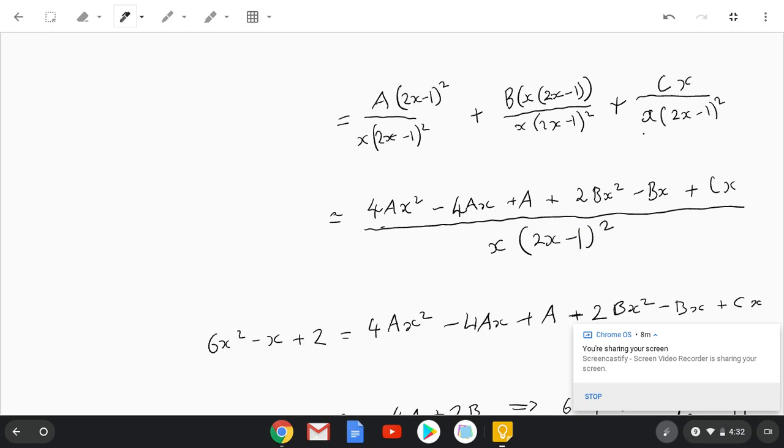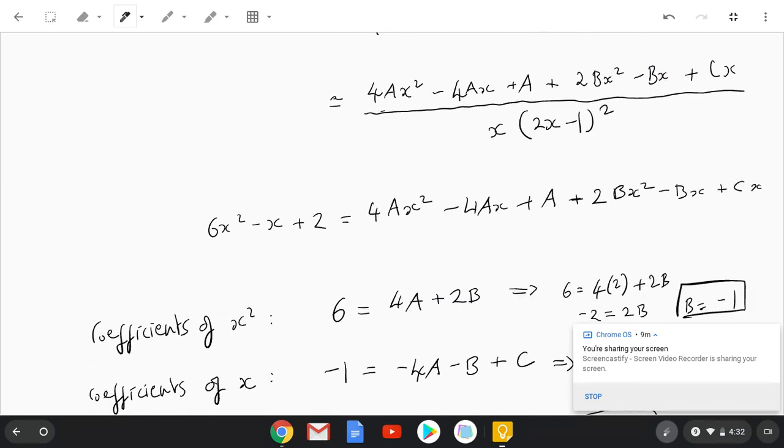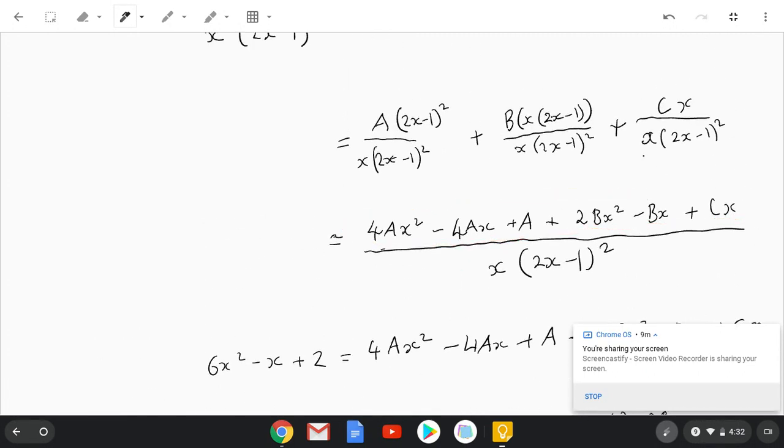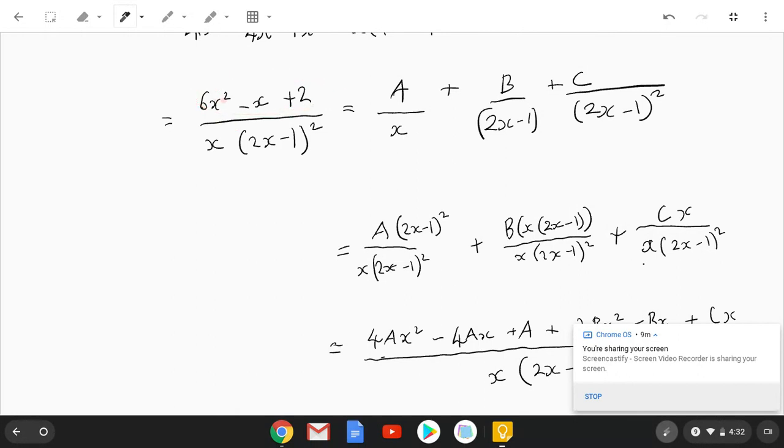So this all expanded out is 4a x squared minus 4ax plus a. This expanded out is 2x squared times b, so that's 2bx squared. And then x times minus 1 is minus x, times b is minus bx, and then that's cx over here.